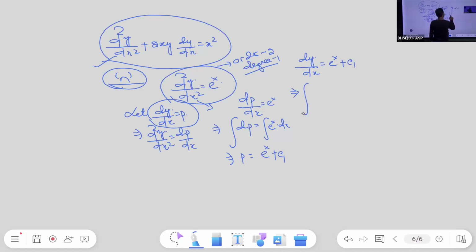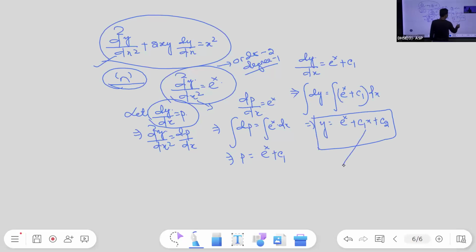Again integrating, integral dy equals integral e raised to the power x plus c1 dx. So y equals e power x plus c1x plus another constant c2. You see, the solution contains two distinct arbitrary constants c1 and c2. Hence, the order of the differential equation is 2.